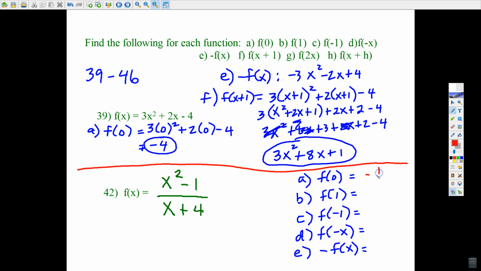Negative 1/4. Very good. Who got that? Nice. Micah, what about f of 1? Okay, which is just 0. Who got that? Very good. We're 2 for 2. Kimber, what about f of negative 1? Also 0. Who got it? We are 3 for 3.